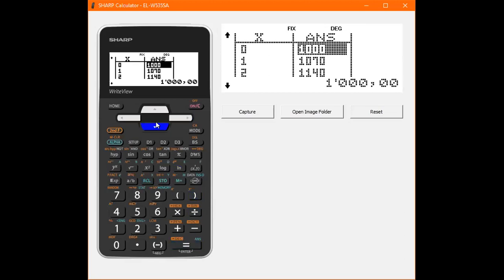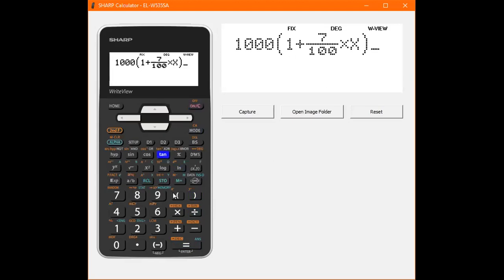Now we can see that after 1 year, we've earned 70 Rand. So we've earned 7% of 1,000 Rand. After 2 years, we've earned 140 Rand, or 70 plus 70. So we can see that we've still earned 7% of 1,000 Rand for each additional year that we add to this. Now, let's leave our simple interest in function 1.